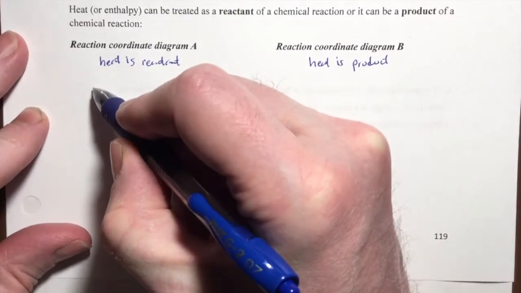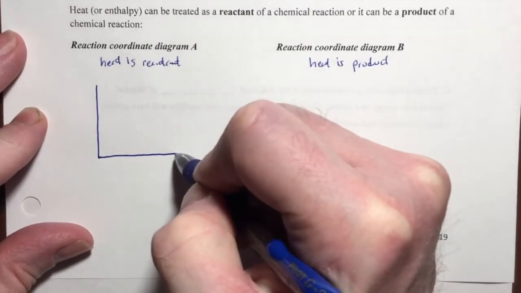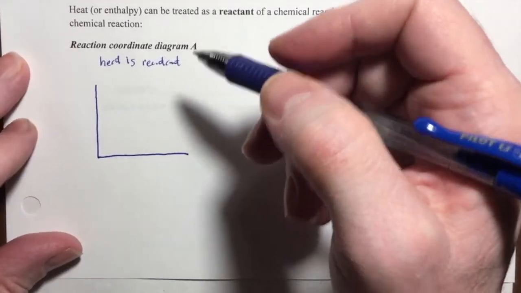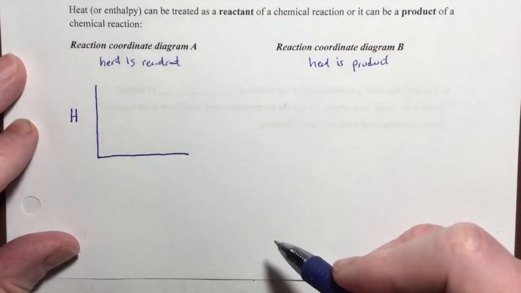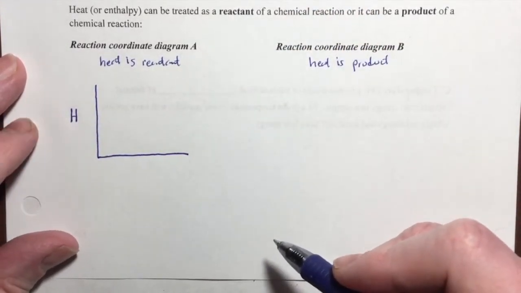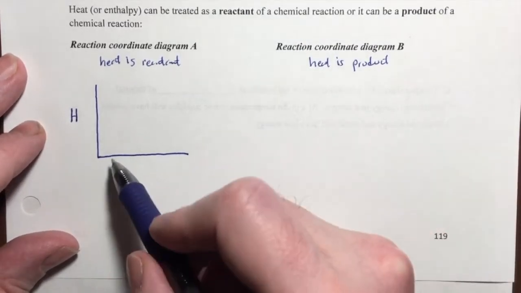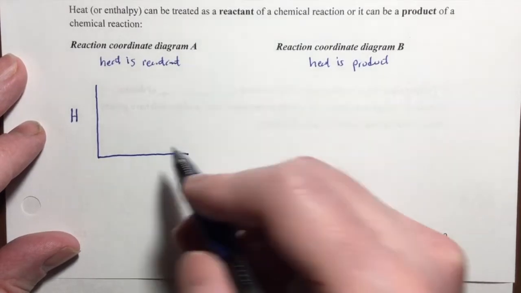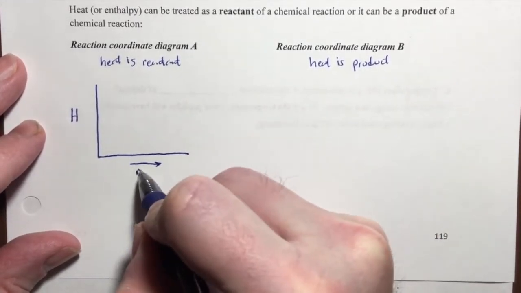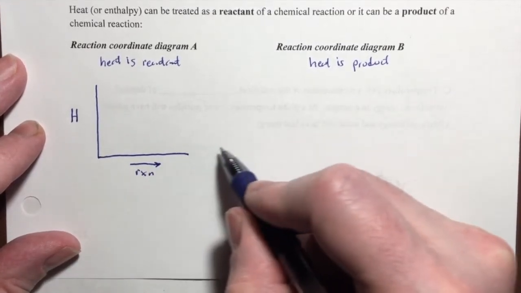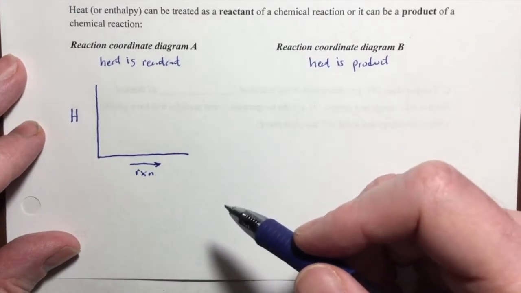So let's draw a little y-axis and an x-axis here. And on the y-axis, I'm going to put enthalpy. That's the heat of the system as it is reacting. And then on the x-axis, we are going to show the progress of a reaction. As the reaction in time continues on, we're going to track what happens with the enthalpy.